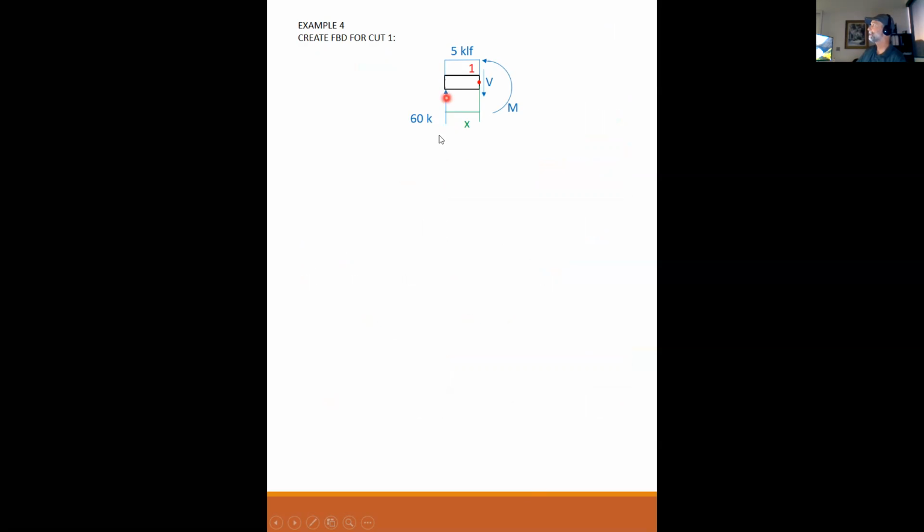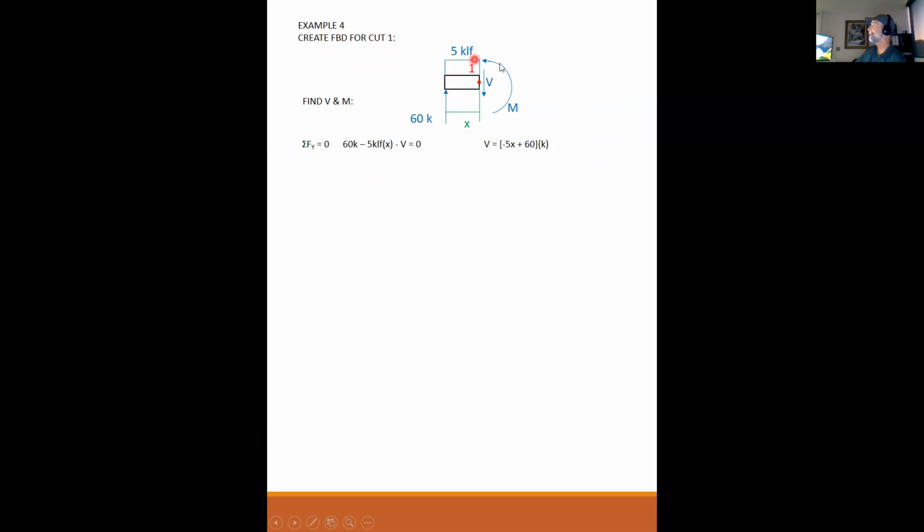I have my 60 kip reaction. I have my 5 kips per lineal foot. Again, I have to keep this as a uniform load until I get to summing forces on that free body diagram. Positive shear, positive moment. Sum the forces in the vertical. I have 60 kips up.